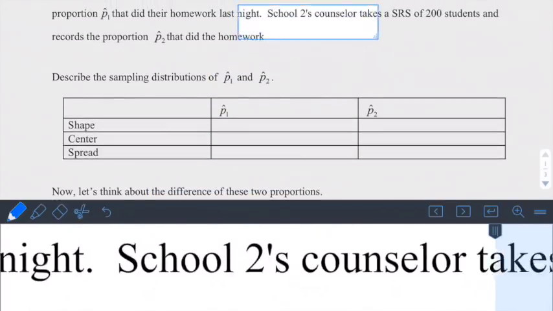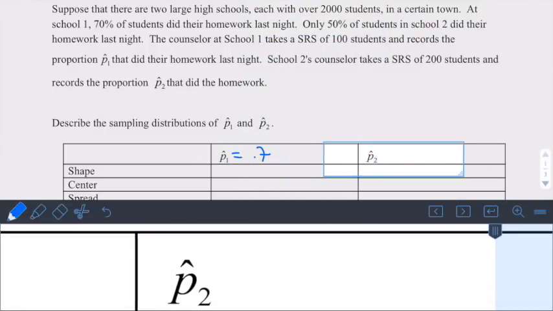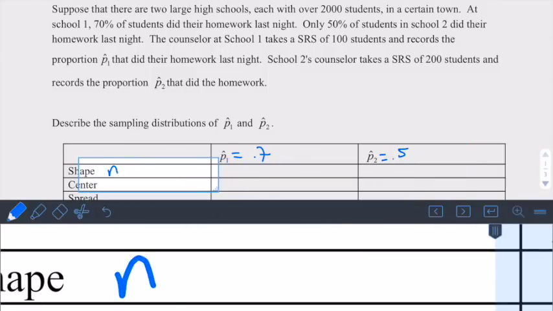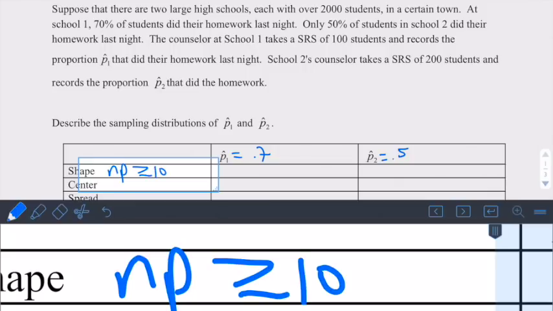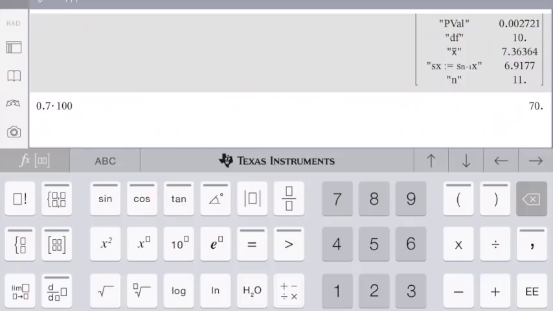Well, p hat 1, first of all, is 0.7, and p hat 2 equals 0.5. We know that the shape will be normal if np and n(1 minus p) are greater than or equal to 10, so we can check that. p was 0.7 times 100, because that was how many in the first sample, and that's greater than or equal to 10.